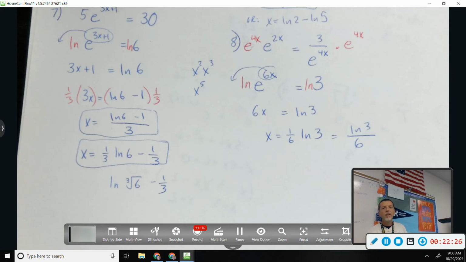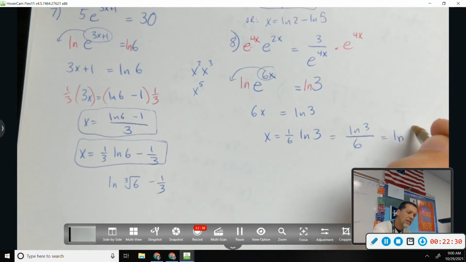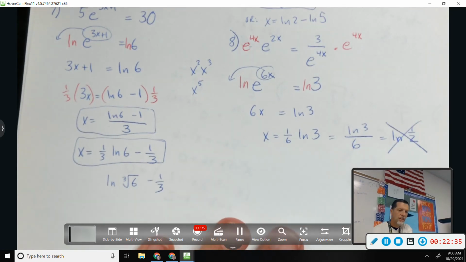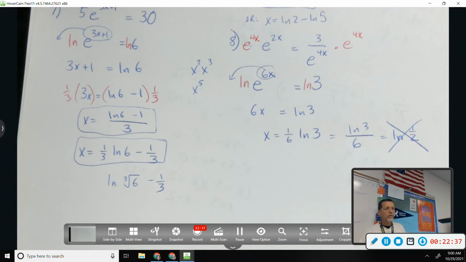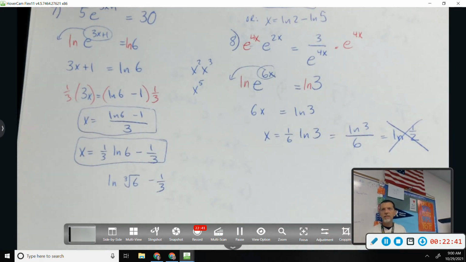Why can't it be like that? Careful. You can't do that. You're dividing natural log 3 by 6, not just 3. Can you show the 1/6 like how it was before?